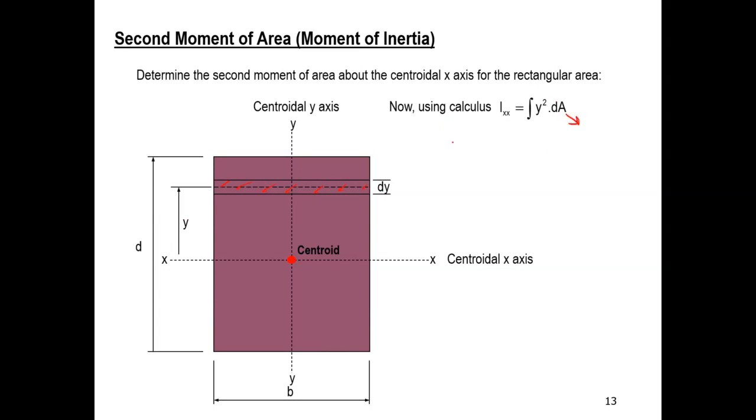And what is this area? The width is dy and the length is b. So that is equal to the integral of y squared multiplied by dA, and dA is b times dy.